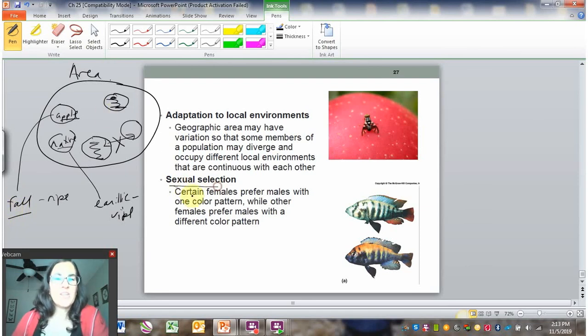Sexual selection is another way that we can block gene flow. And this gene flow blockage is based on female preferences.